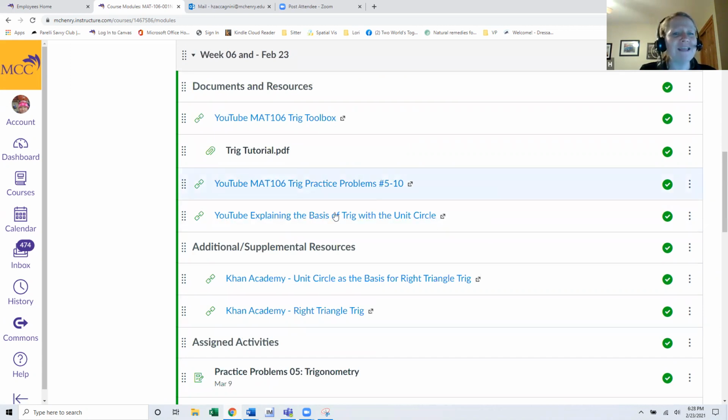And then underneath that, which I might delve into a little bit tonight with you guys, is an explanation of where trig comes from. You don't really need to know this to be able to use trig. But some students really want to know, where did this trig thing come from?